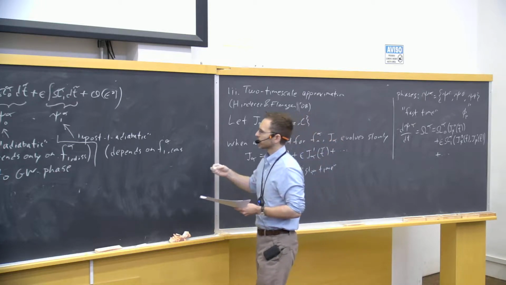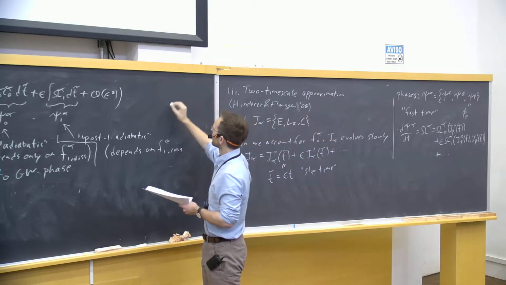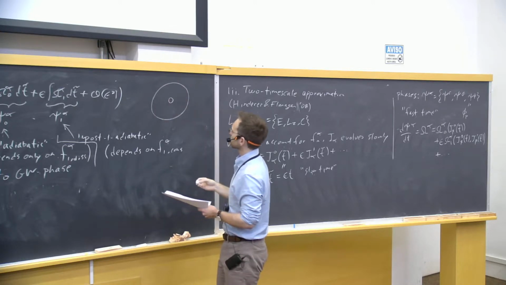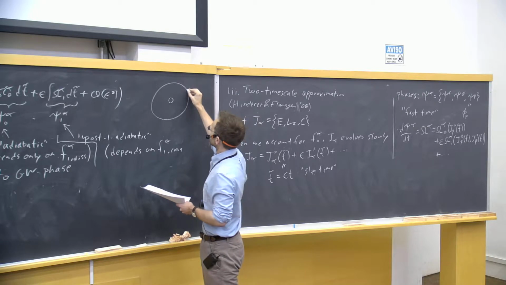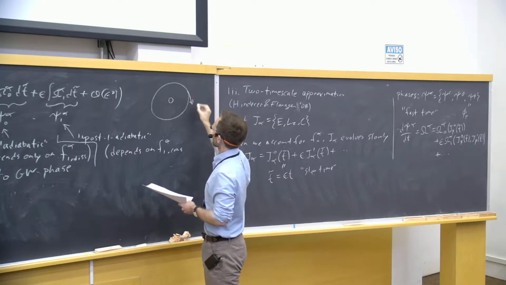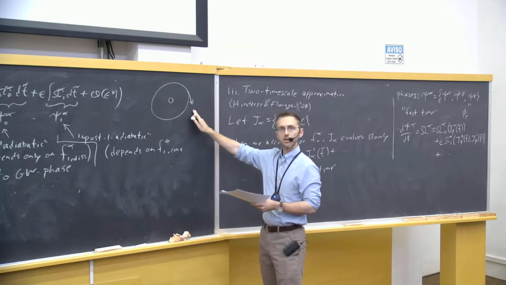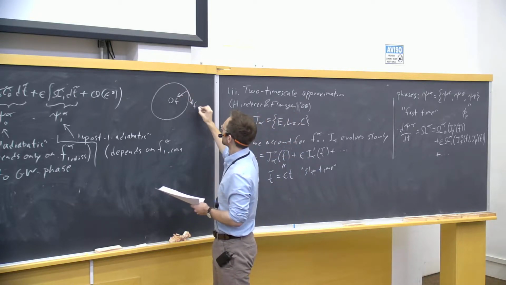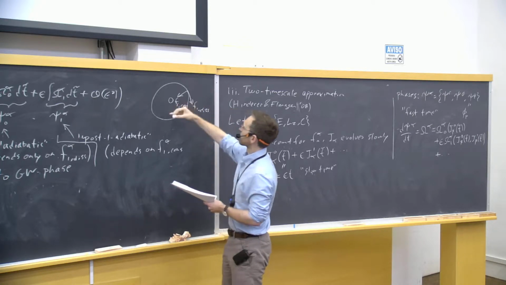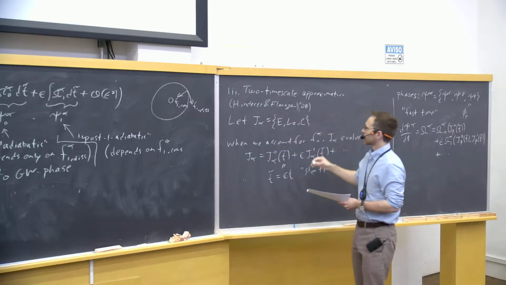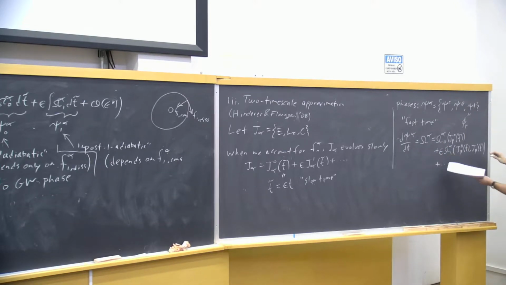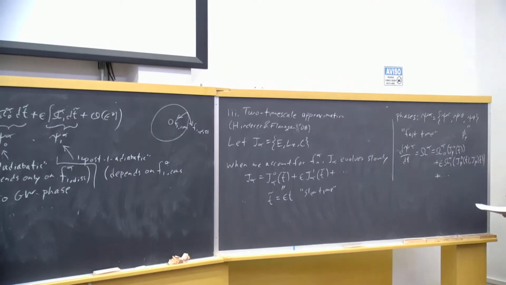To think about what conservative and dissipative pieces do, you can think of just a circular orbit. Something like a drag force would be the dissipative piece, and the conservative piece would be purely radial. So the conservative piece is changing the frequencies at fixed time.